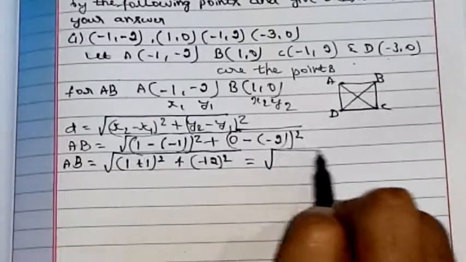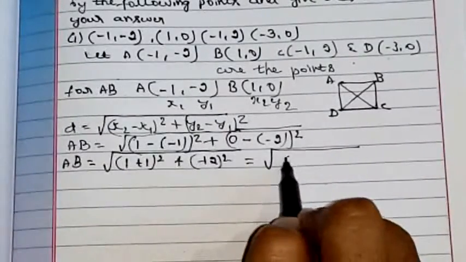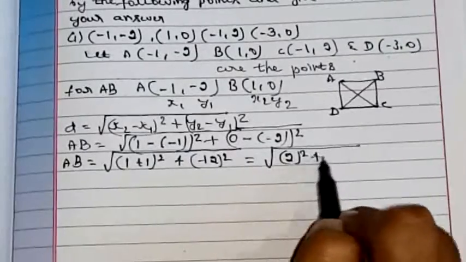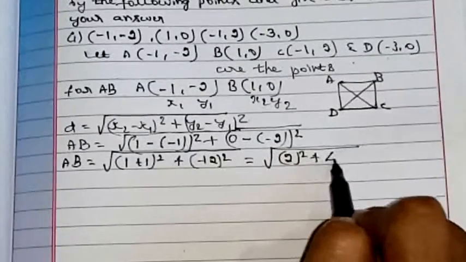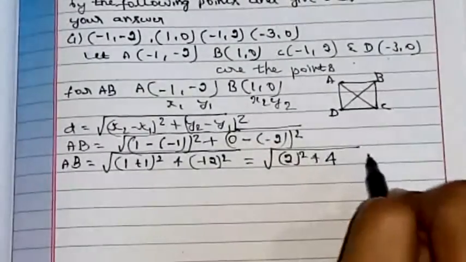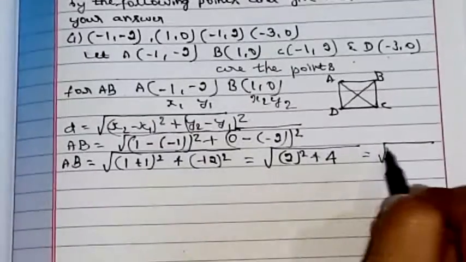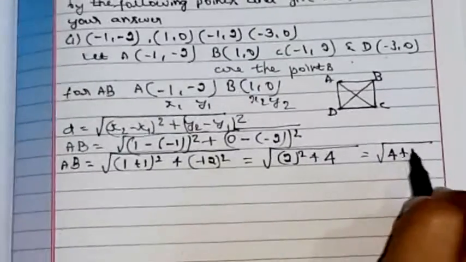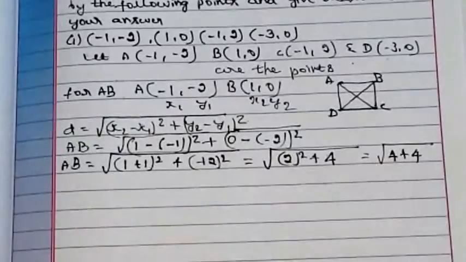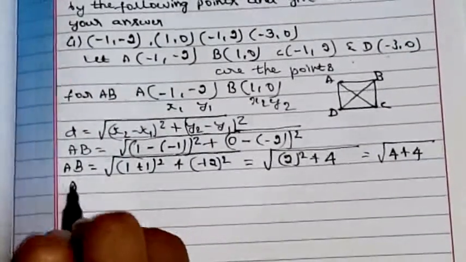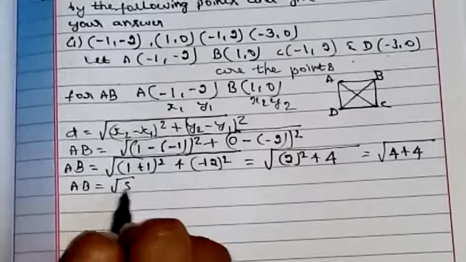That equals square root of 1 plus 1 is 2 square plus 2 square, which is 4. So that equals square root of 4 plus 4. Therefore AB is equal to square root of 8.